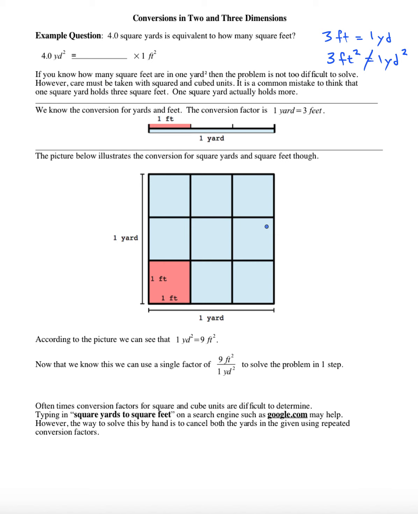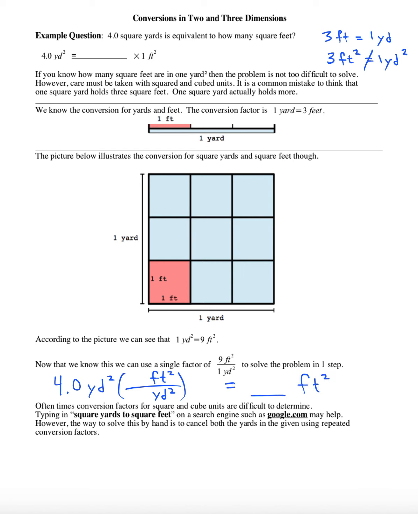Now, if we did know that fact, we could easily do the conversion. We'd just start with the 4 square yards, multiply by a conversion factor where we put square yards on bottom, and we would put square feet on top because we actually want to find square feet in the end.